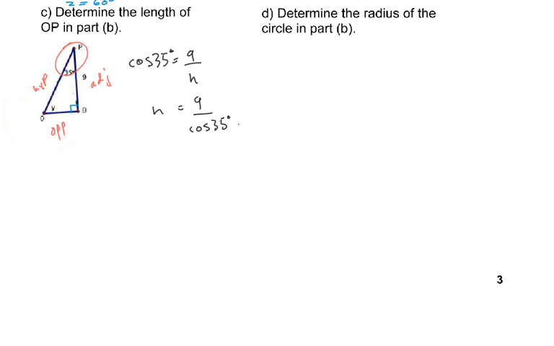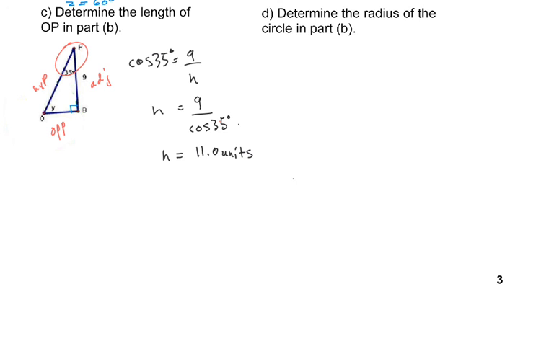You need to remember that when your variable's on the bottom, cosine goes on the bottom of our ratio. If the variable was on the top of the ratio, then cosine would have been times by it. Since we have no units, you're just going to have to say h is just 11.0 units.